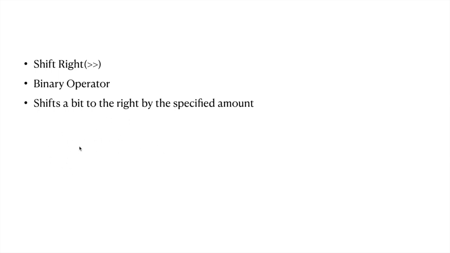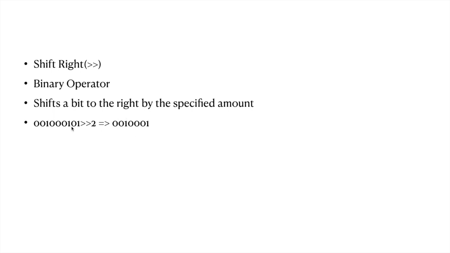So the binary number will be shifted to the right by the specified integer number. For example, if we have this one, it means shift the bits to the right. When we shift this one, we will drop the first 1 and 0, and we will have this one.